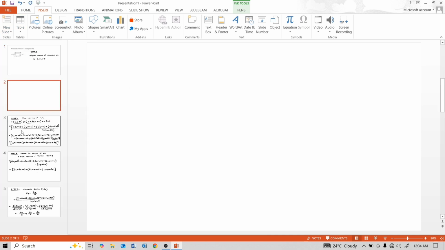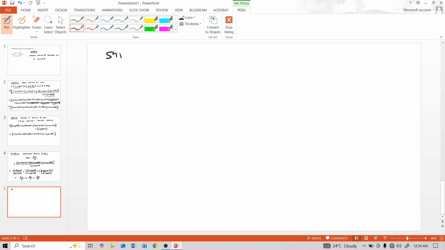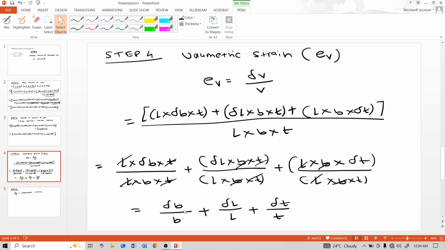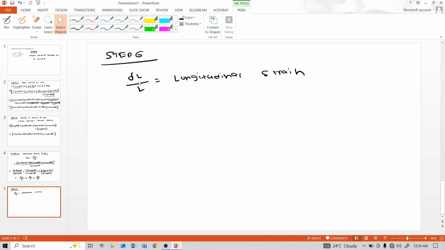Right, in step 6, delta L by L is longitudinal strain, and change in breadth by original breadth and change in thickness by original thickness are lateral strains.